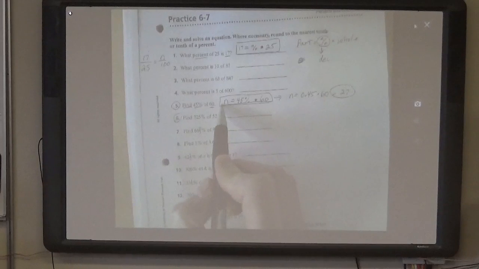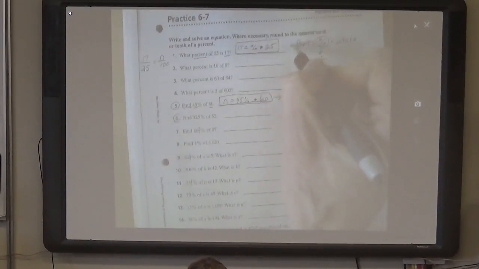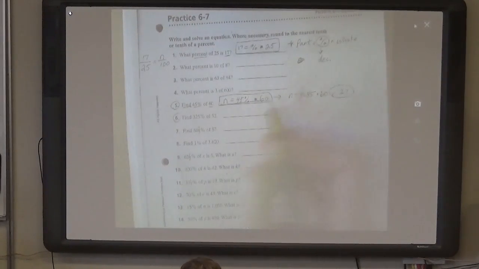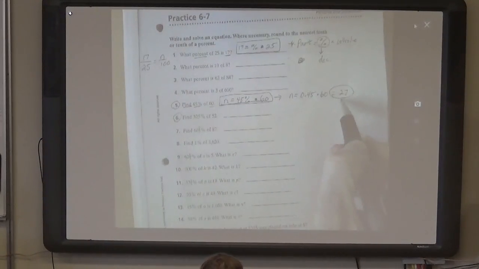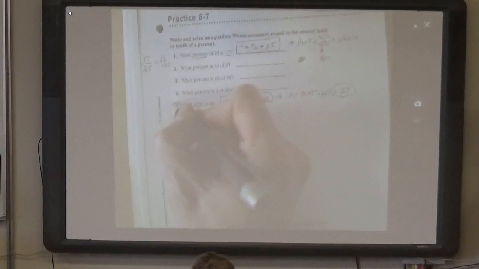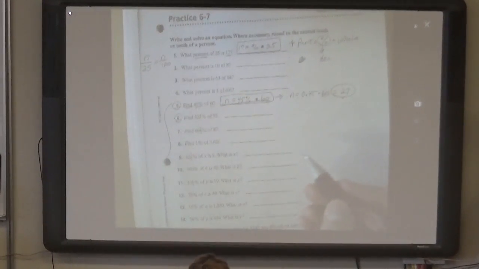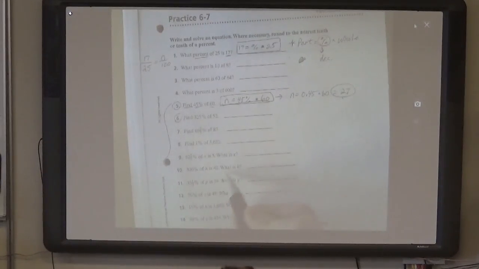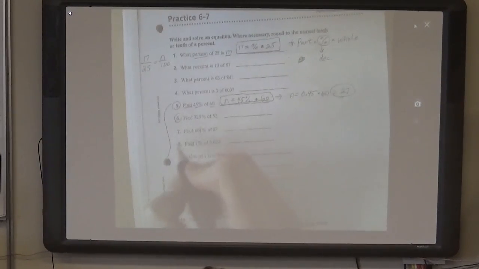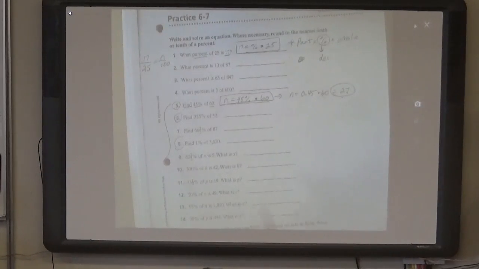So, for your assignment, I need to see both of these parts: both the equation, this equation up here, with the numbers in it, and then the answer. Okay? Make sure that you write both. For your assignment, do 5 through 8, and then I want you to try 15.